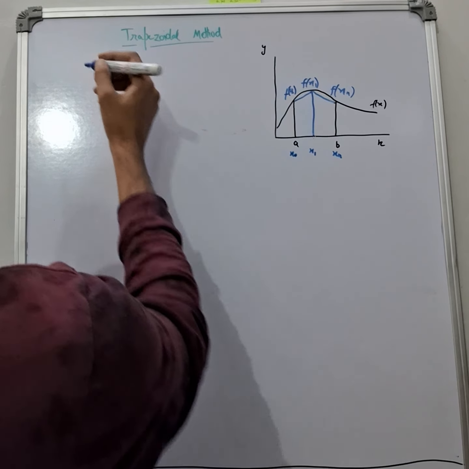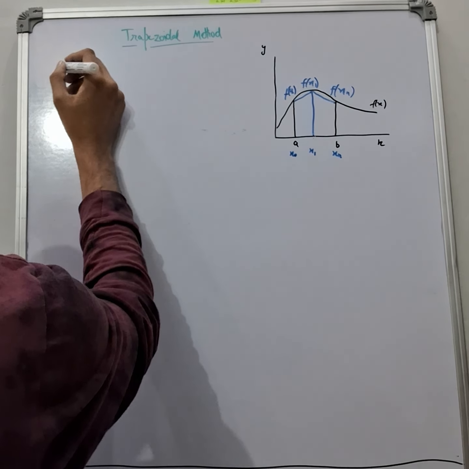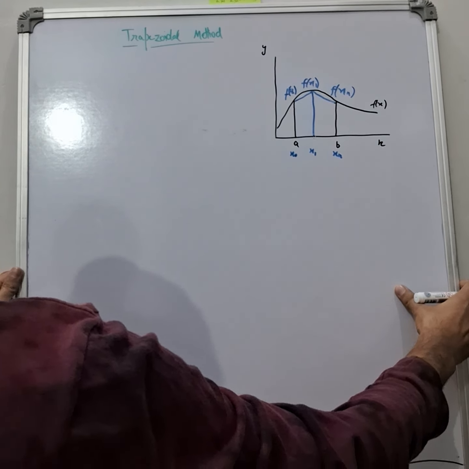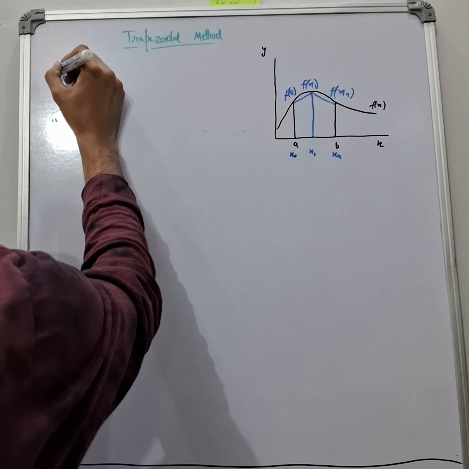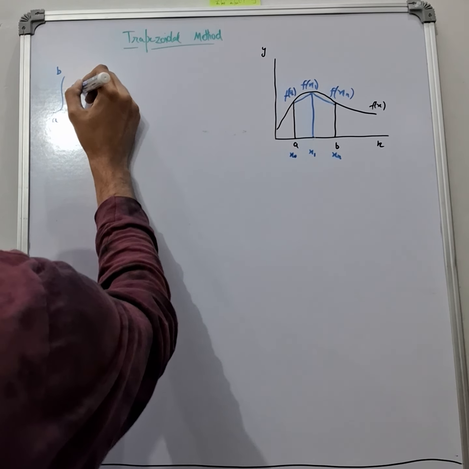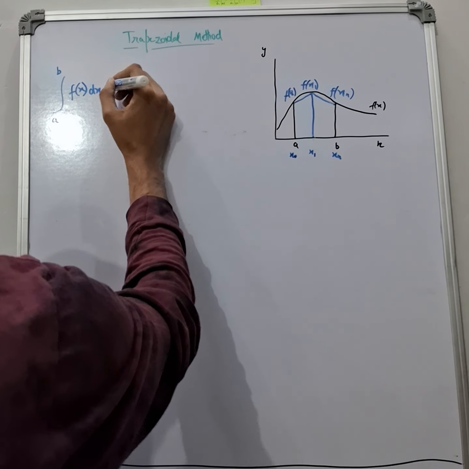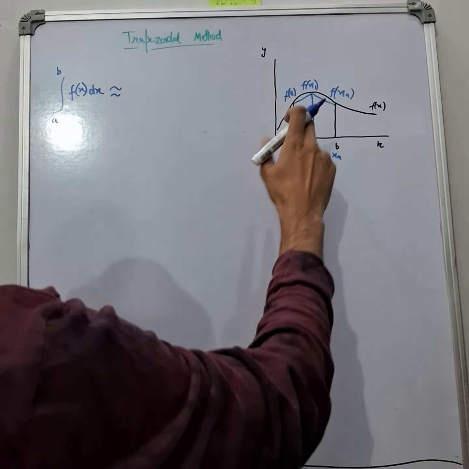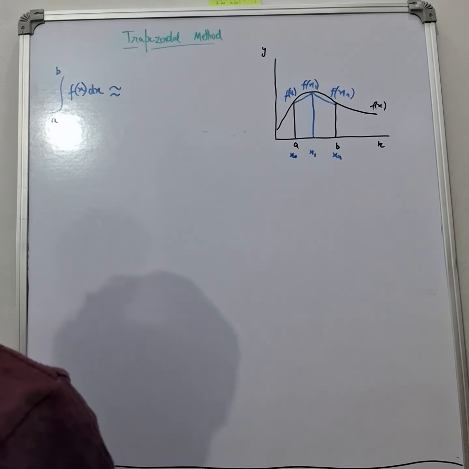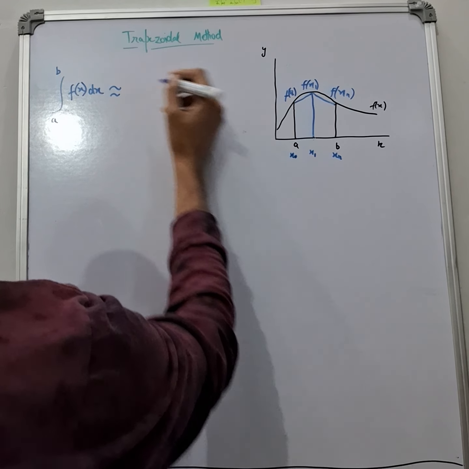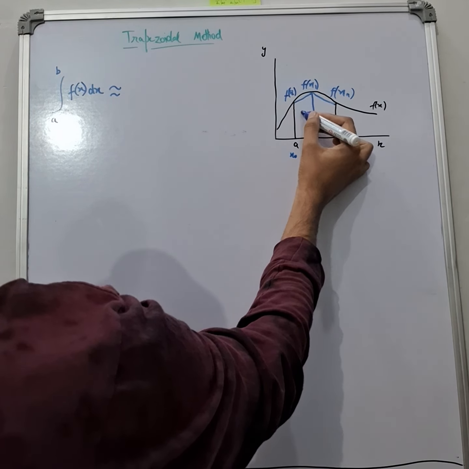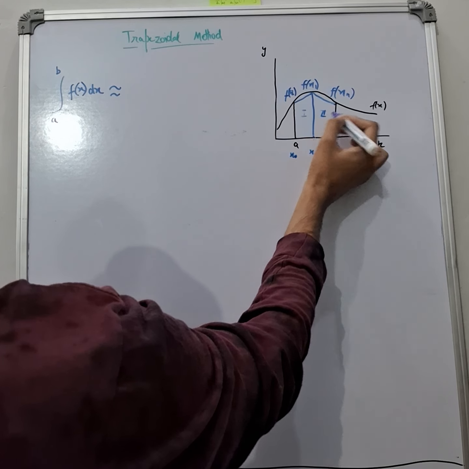Now what the trapezoidal rule says is that when we have to find the area under this curve from A to B, the integral of f(x) dx, it is approximately equal to the sum of these two trapezoids, which means let's call this one I1 and this I2.